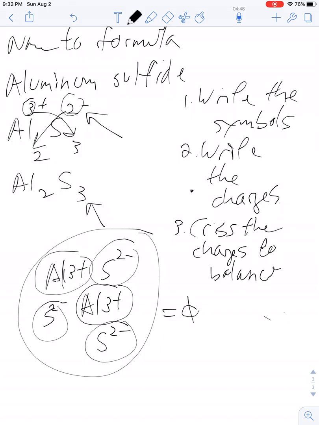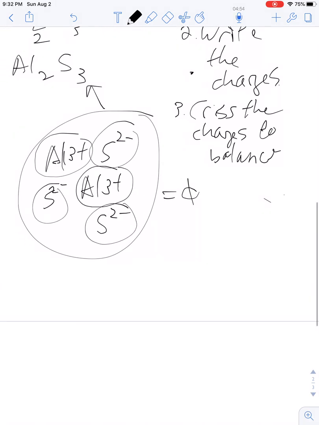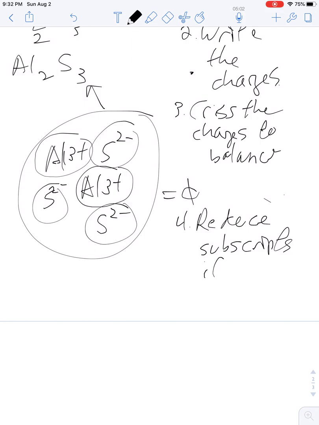So that's essentially what you're doing by the crisscross. Okay? So let's try, and I forgot rule number 4, reduce subscripts if possible. So let me do another one that shows you what I mean by number 4.